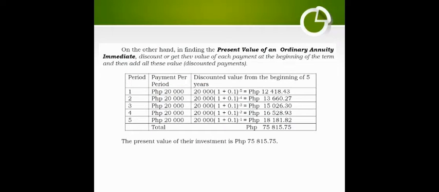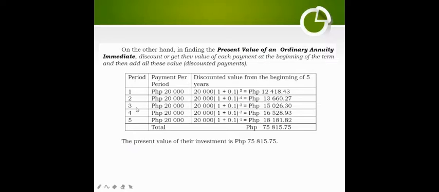On the other hand, in finding the present value of an ordinary annuity immediate, discount or get the value of each payment at the beginning of the term and then add all these values or discounted payments. So how do we solve the present value of an ordinary annuity immediate?